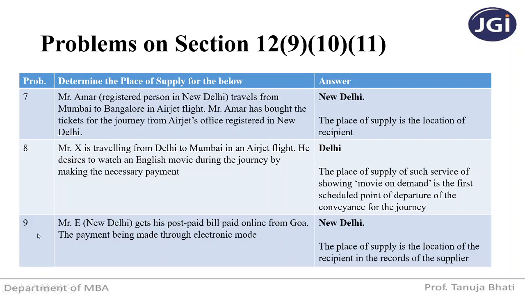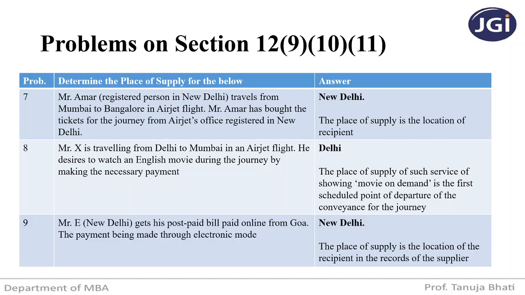Next, problem number 9 is Mr. E of New Delhi gets his postpaid bill paid online from Goa, the payment being made through electronic mode. So what is the place of supply? So the answer is going to be New Delhi, because as per section 12 subsection 11, the place of supply is the location of the recipient in the records of the supplier.